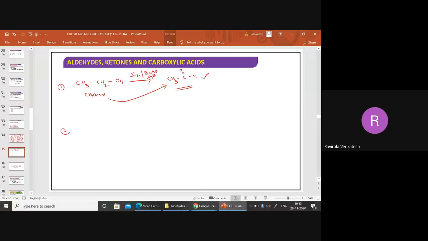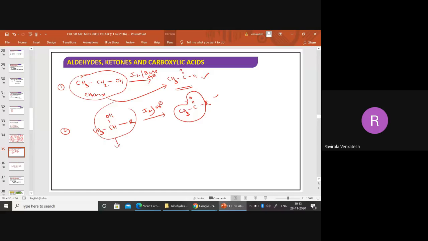Second exception, if you write CH3CHOH and you take any group R here, it will definitely give. Why? Because if you take the iodoform reagent, a base, this converts into CH3C=O R. So here also you get a methyl keto group, so it gives. That means with the iodoform reagent, these things convert into methyl keto groups, therefore they are giving.